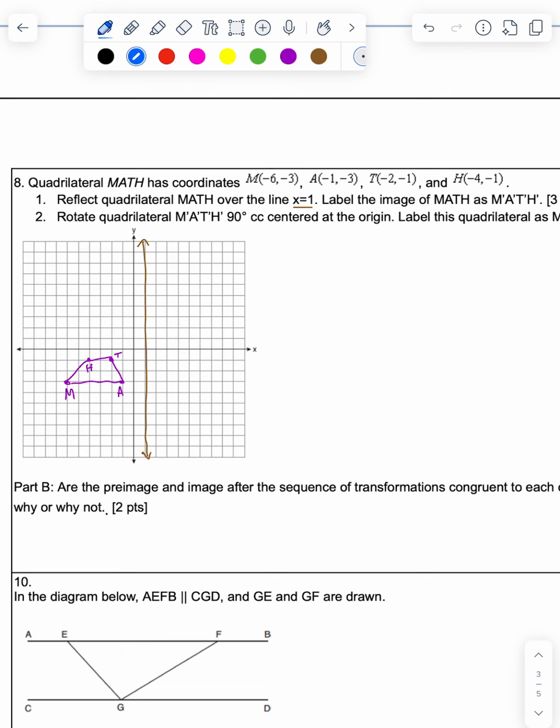So I'm going to first reflect over the line x equals 1 by just counting the spaces to my line and then moving an equal number of spaces over the line.